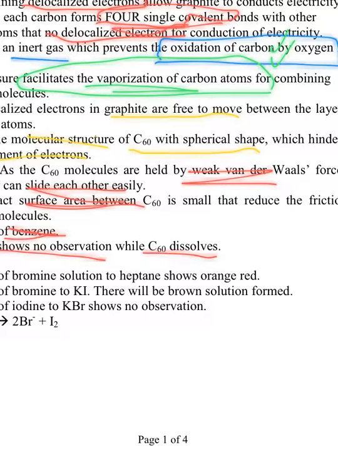Many of you wrote addition of bromine or addition of chlorine to show displacement. However, displacement is not a physical method. We simply use heptane. Bromine solution will show orange-red, so it is a physical method to confirm it is bromine. Remember, we need to confirm it is bromine, but not show it is iodine.